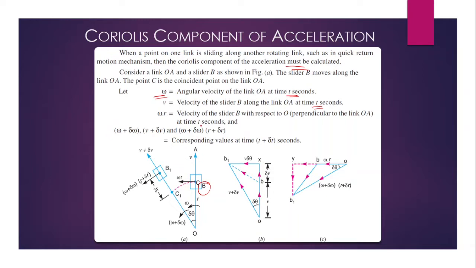That is also at time t seconds, and the corresponding values at time t plus delta t seconds. After a short interval of time delta t, these values omega and v will become v plus delta v, and omega and r will become omega plus delta omega and r plus delta r.